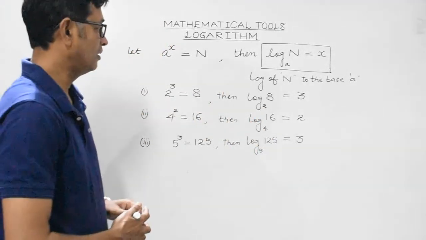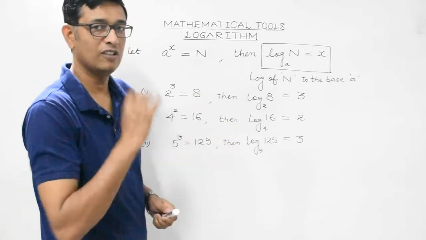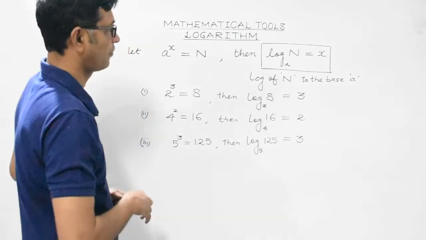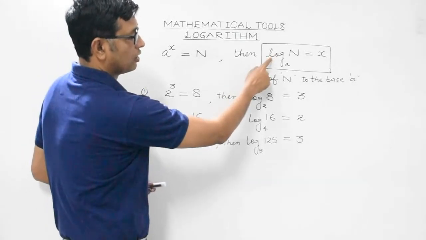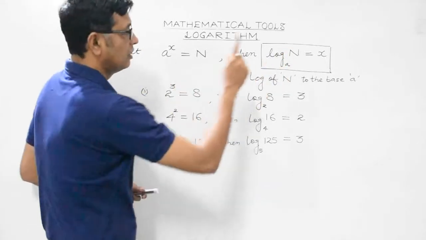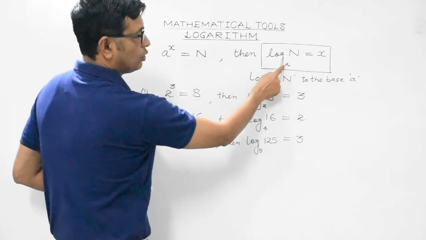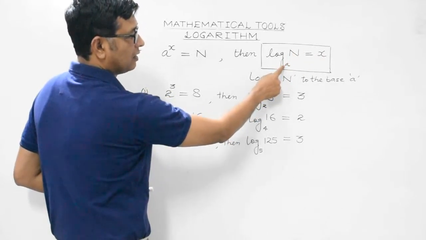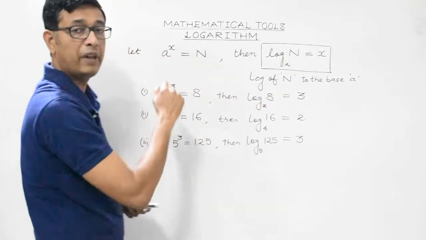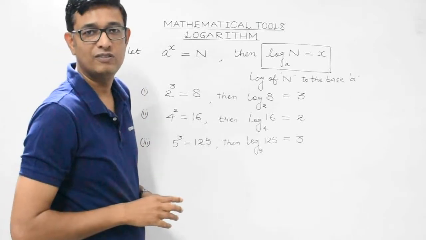So now, after this illustration, we are in a position to define log. Please listen to the statement very carefully. The logarithm of a number to a base is equal to the power to which the base has to be raised so as to obtain that numerical value.